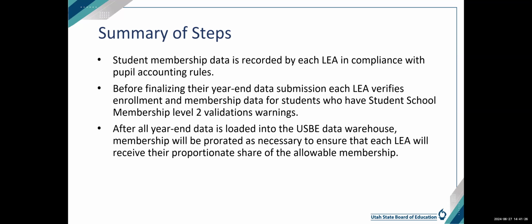Before finalizing your year-end submission, each LEA verifies enrollment and membership data for students that have a student school membership level 2 validation warning. After all the data are loaded into the USBE data warehouse, the membership gets prorated as necessary to ensure that each LEA will receive their proportionate share of the allowable membership.